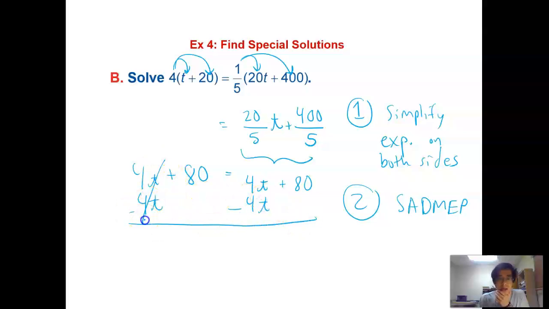And look, they both cancel out again. But let's see what we have here. We get 80 equals 80. Alright, so that means that both sides of the equation, regardless of what quantity it is, will always be the same.